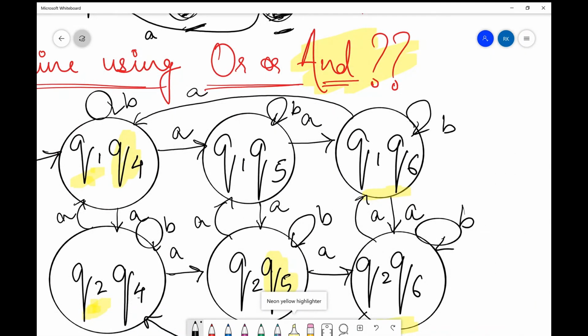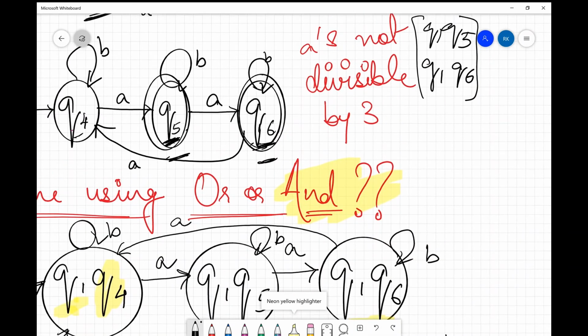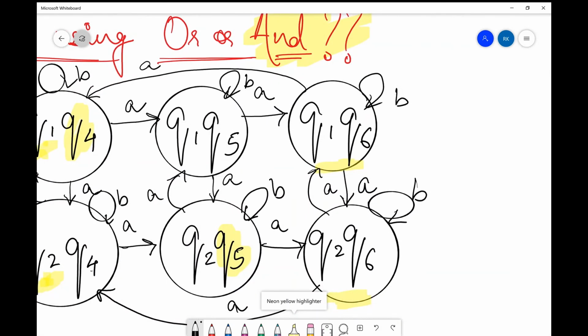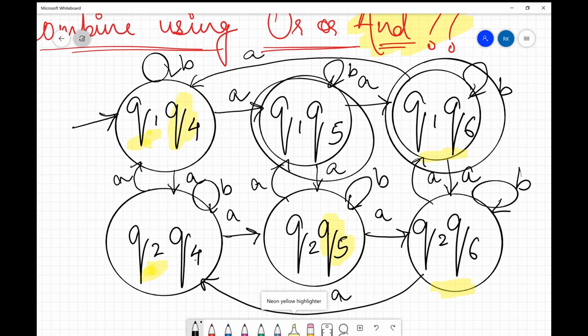So we have them over here. These become our final states.